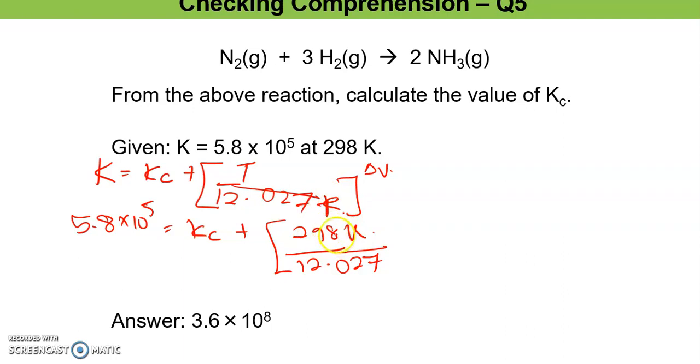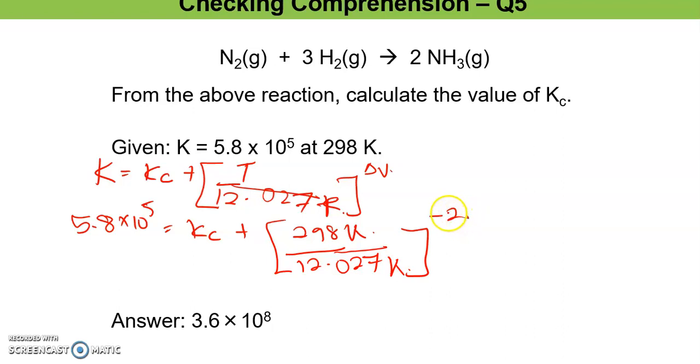We need to remember that because the dimension is Kelvin, if the question gives us temperature in degrees centigrade, we need to convert it to Kelvin.